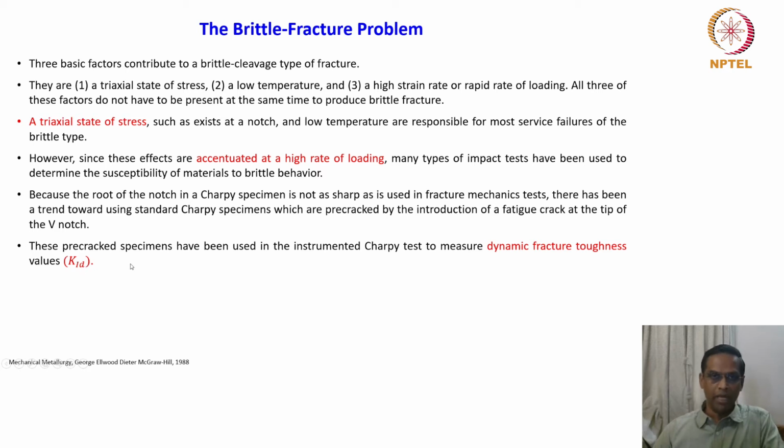So instead of making 0.25 as a root radius, if you make a very sharp crack using fatigue loading, and then break this specimen under this test condition, you will generate a data and then determine the parameter called dynamic fracture toughness. It's very useful information. Okay, so that is why the pre-cracked specimens are being used.